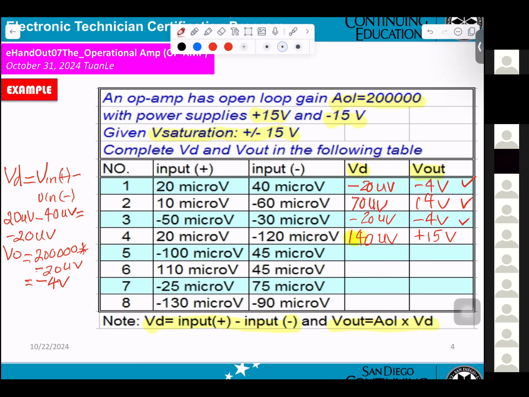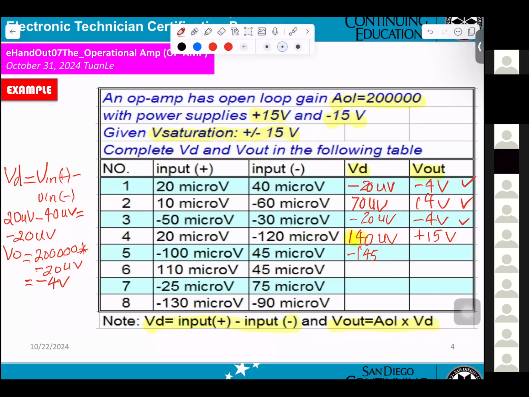For number 5, do you get 145 micro? Number 5, you get minus 100 minus 45. Right. And I'm asking you for VD, did you get 1, 2, 3, 4, 5? Did you get 145 micro?